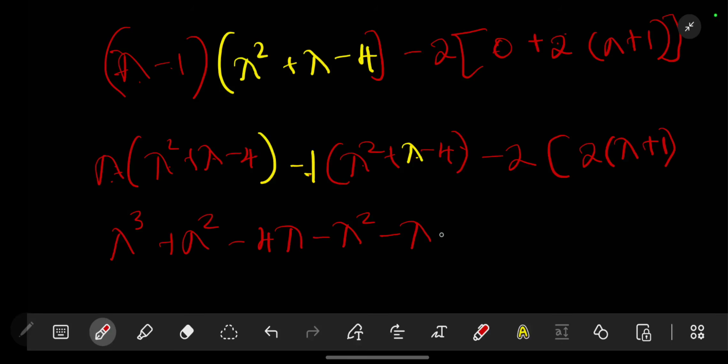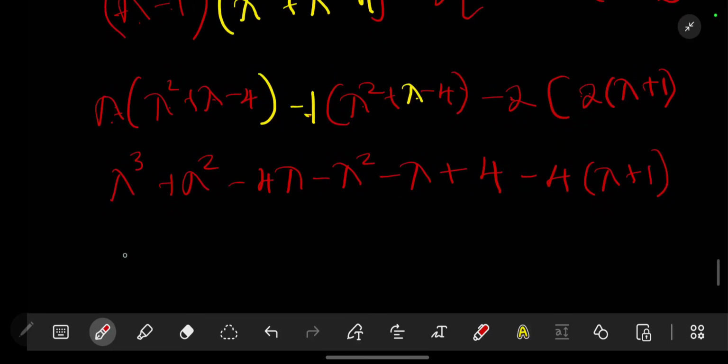Then negative 1 by negative 4 will be positive 4, like that. Then we have 2 times this is negative 4, then we have lambda plus 1. So we are just going to have lambda cubed plus lambda squared.